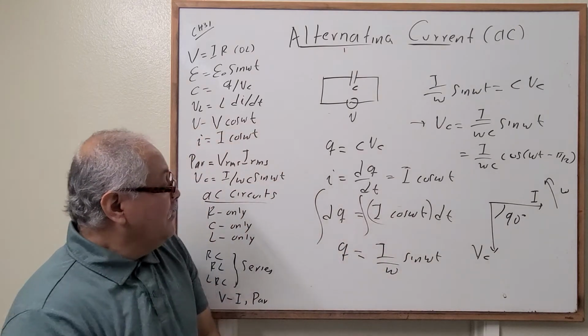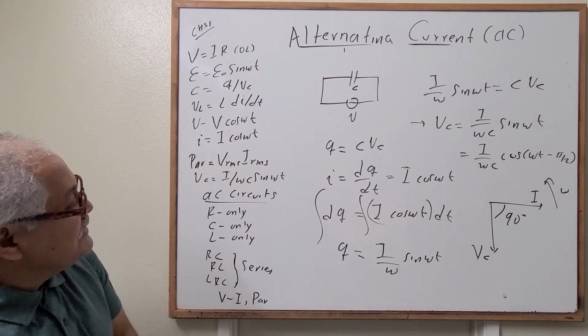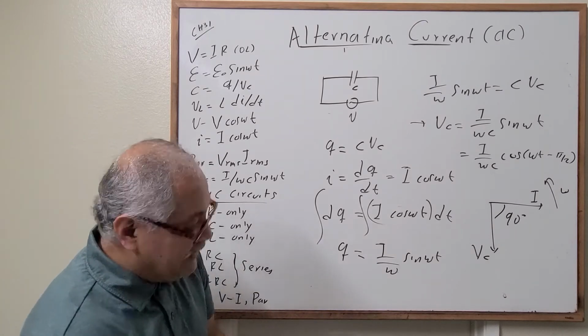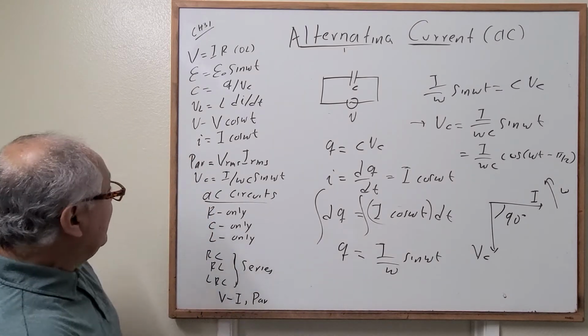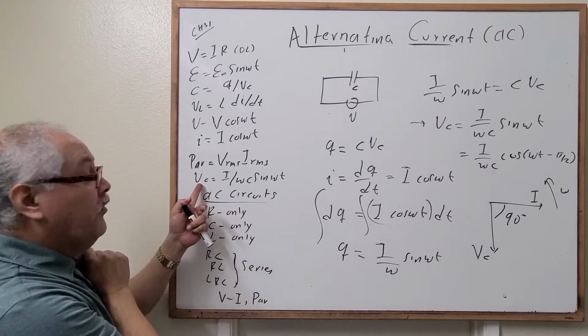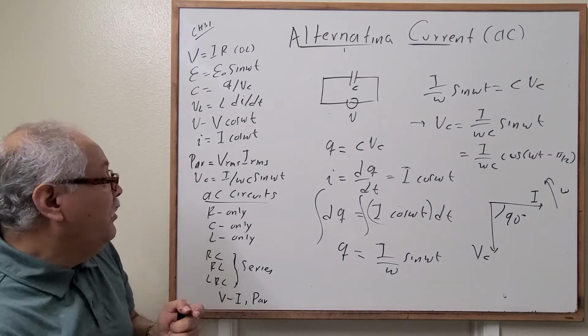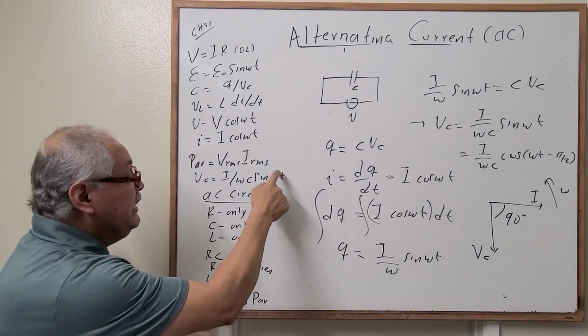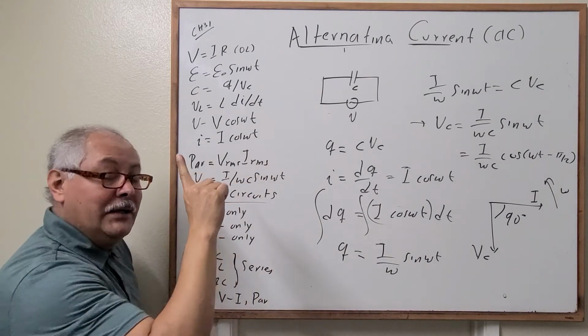Correct? Perfect. Also, let's work with the maximum quantities. We found this is the voltage of the capacitor. What should be the maximum voltage? Well, the maximum voltage is when this quantity is 1.